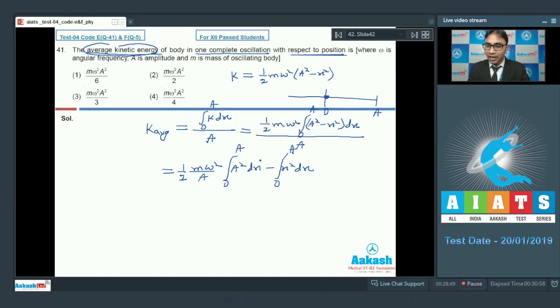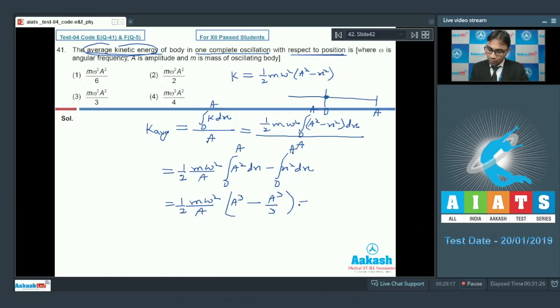If I integrate it and put the limits, a square is a constant, so dx integration from 0 to a gives a. So you will get a cube minus the integral of x square dx, which is x cube by 3. If you put the limit, you will get a cube by 3.